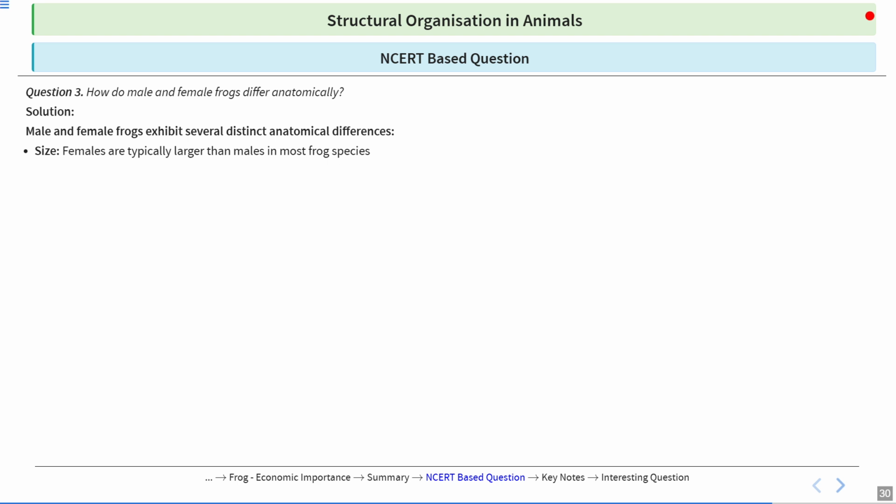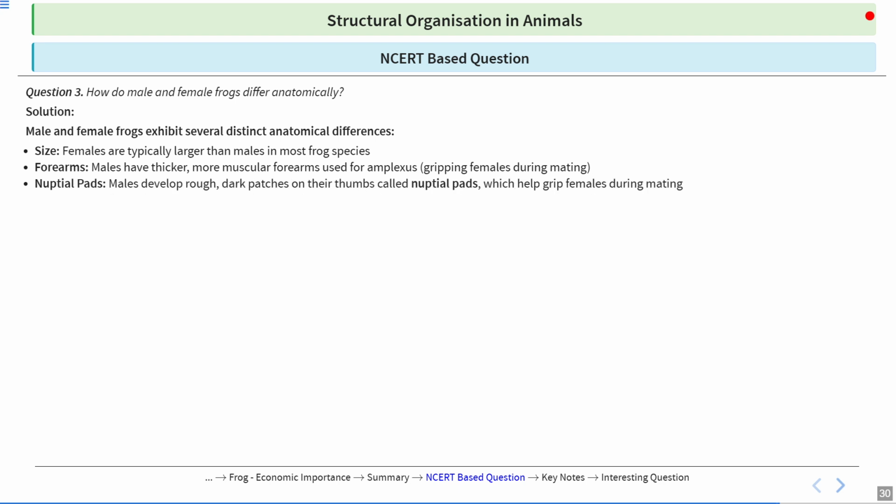Forearms: males have thicker, more muscular forearms, which they use for amplexus, that is, holding the female during mating time. They also have copulatory pads, which make a difference. Nuptial pads: males develop rough dark patches on their thumbs called nuptial pads, which help grip females during mating.